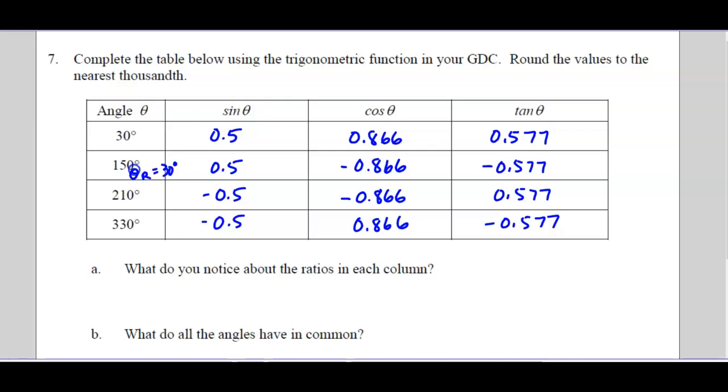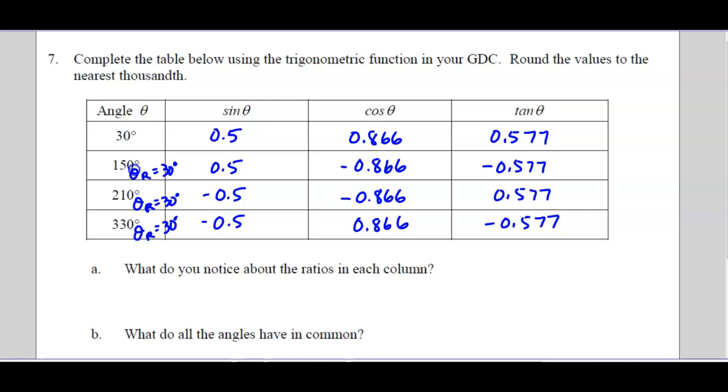This is in quadrant 3 with a reference angle of 30 degrees. This is in quadrant 4 with a reference angle of 30 degrees. So the reference angles are all the same. That's why the actual ratio, the number part, is the same. And then whether it's positive or negative is a location. That tells you what quadrant it's going to be in.